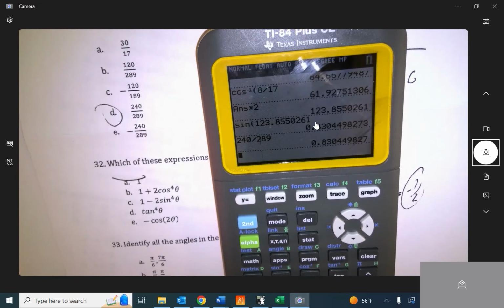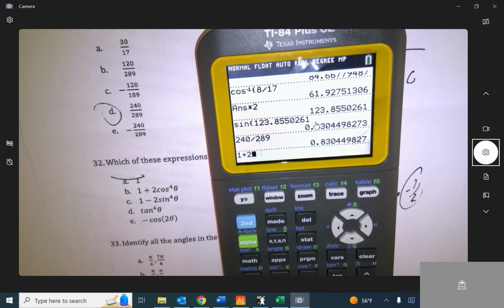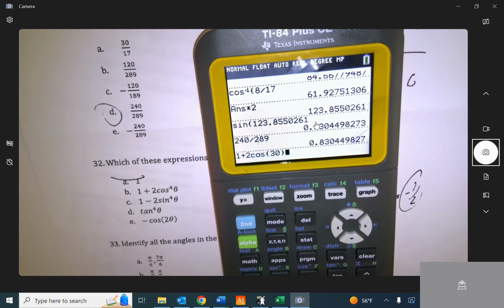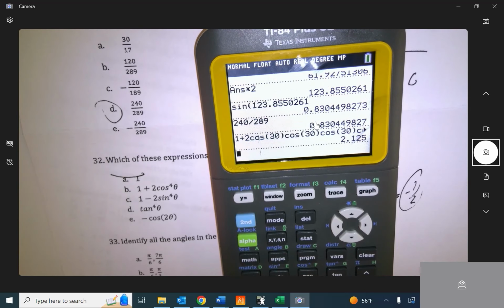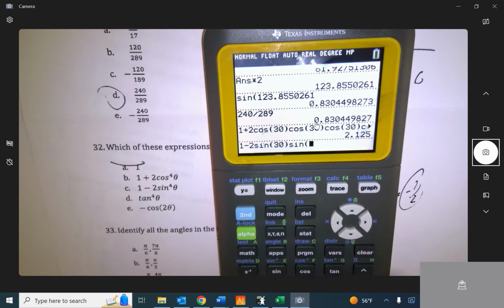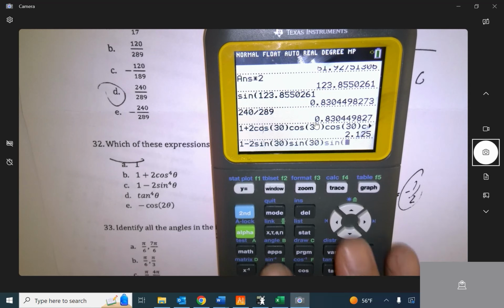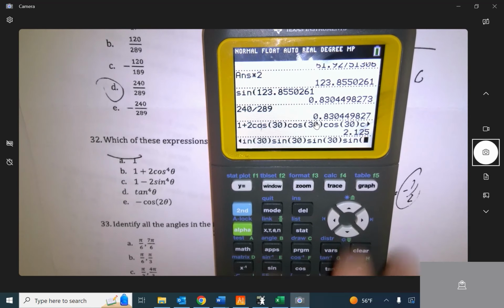Now, what do we have here? We have 1 plus 2 cosine 30 times cosine 30 times cosine 30. That's how you raise something to the fourth power, I think. Not that one. 1 minus 2 sine 30 times sine 30.